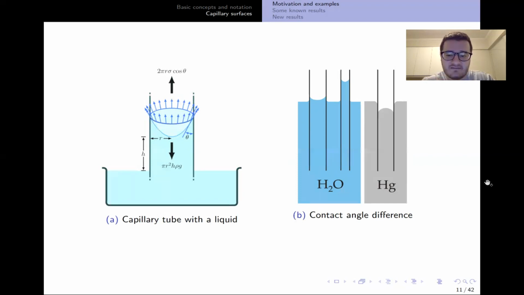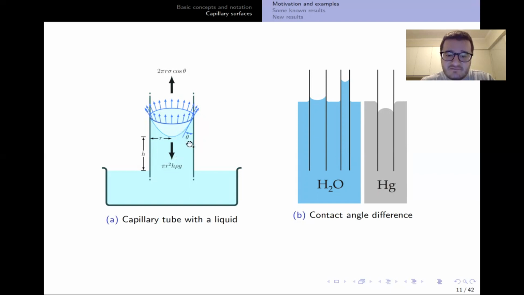So as you can see in this picture here, at the left, picture A, the surface that forms in the interface makes a constant angle with the boundary of the tube. And this is called the capillary angle of the surface.